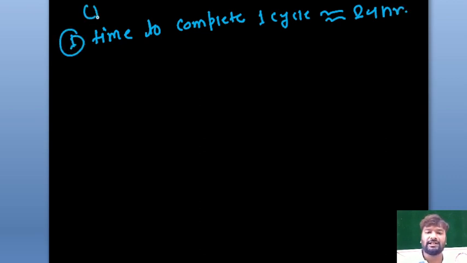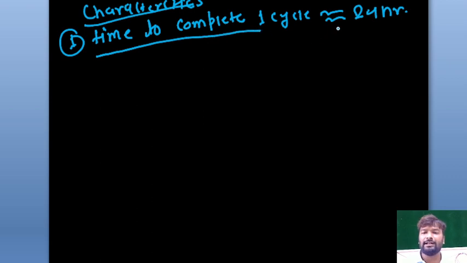Then what are the important characters of these circadian rhythms? The first character is the time to complete one cycle in approximately 24 hours. So this is the first characteristic of circadian rhythms. It takes approximately 24 hours to complete a cycle.